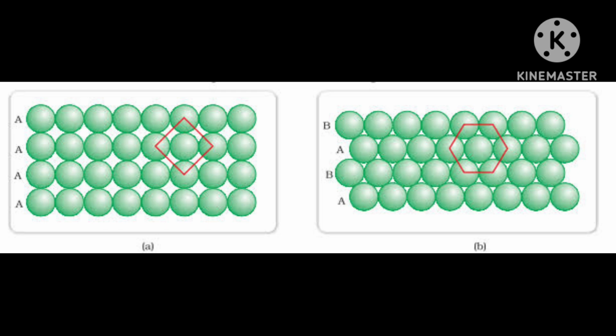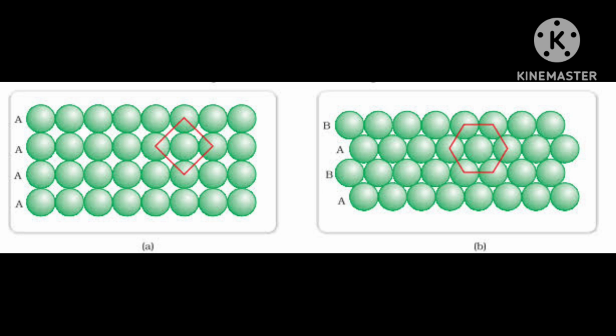In comparison to the square, here you will find less free space, and this packing is more efficient than square closed packing.